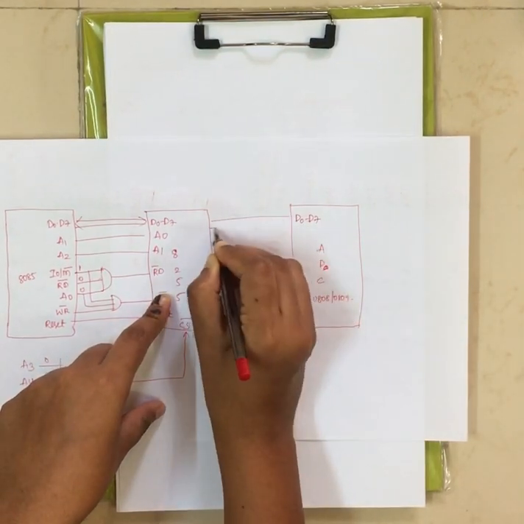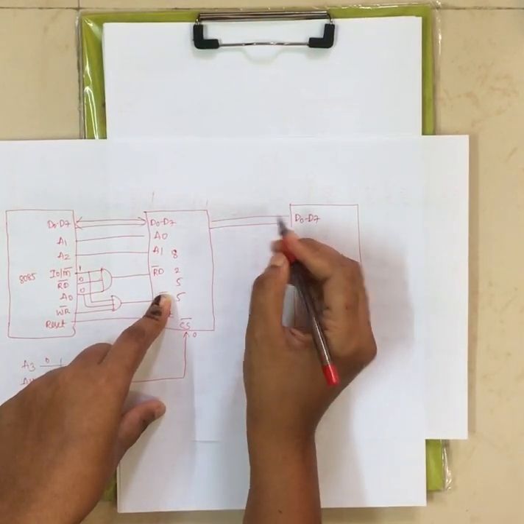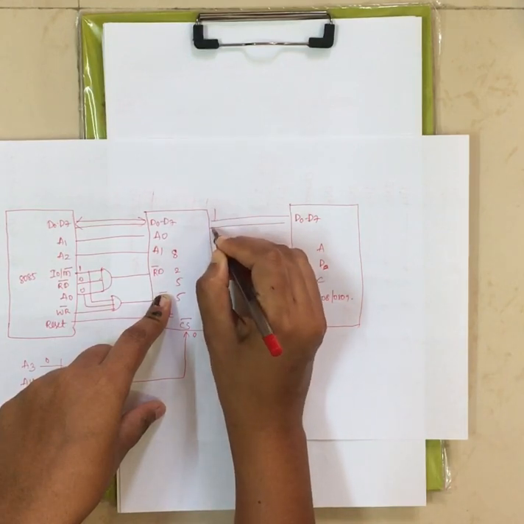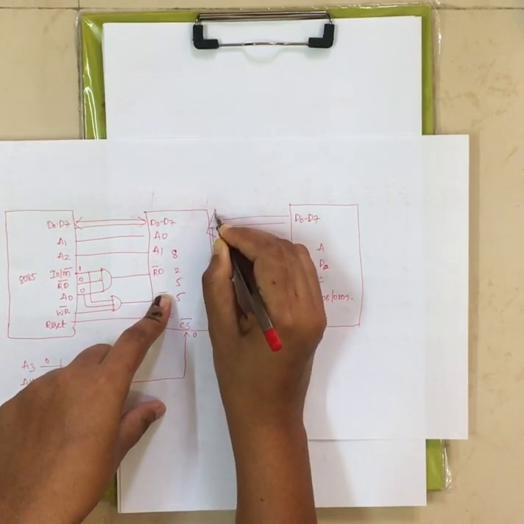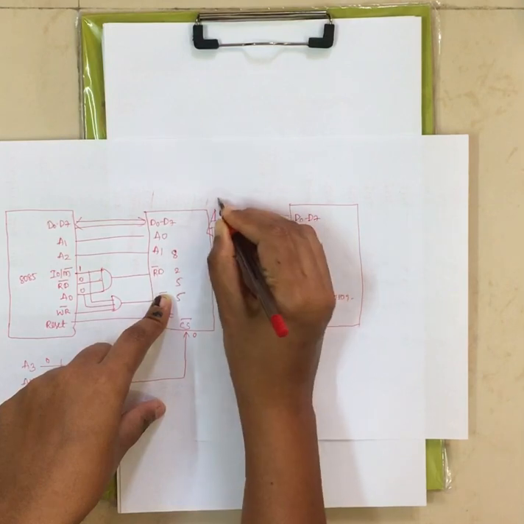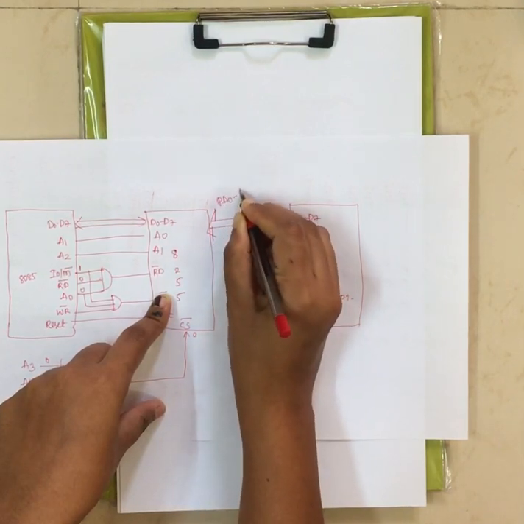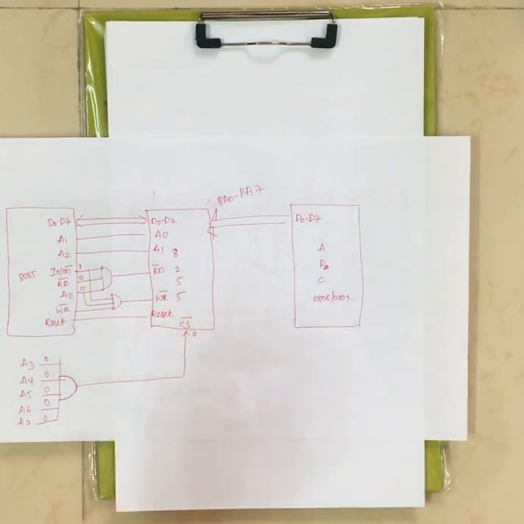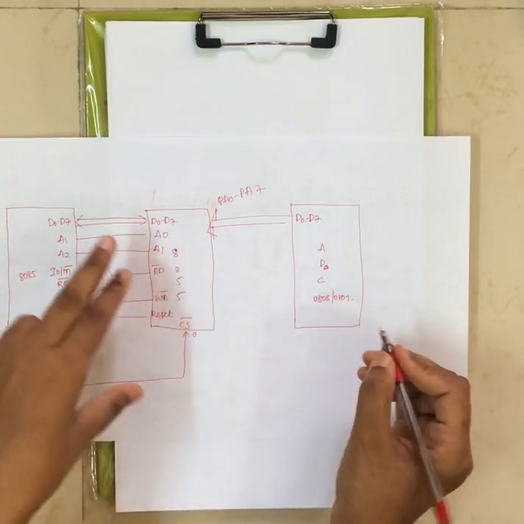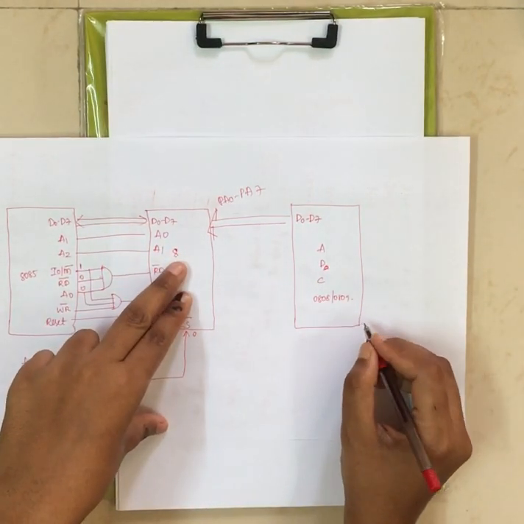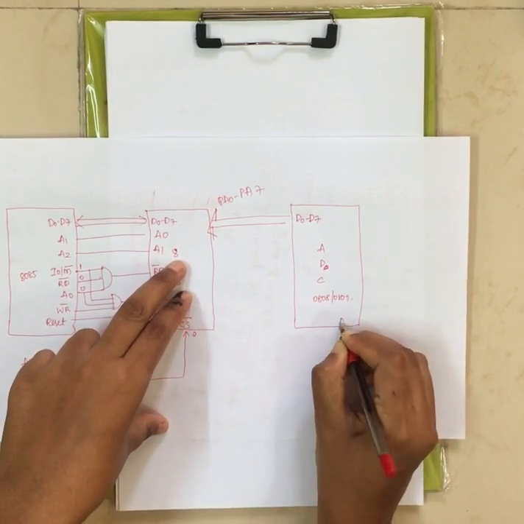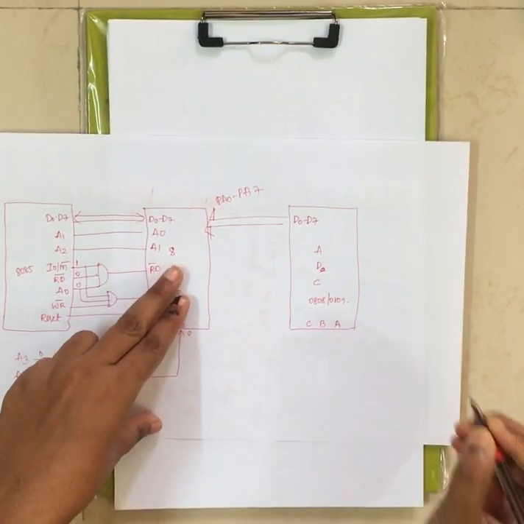That's why this is connected directly to port A, through the port A lines PA0 to PA7. And next we have the A, B, C channel selection pins.